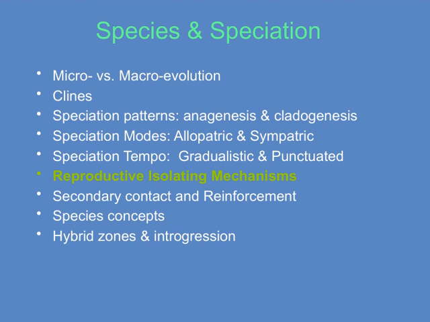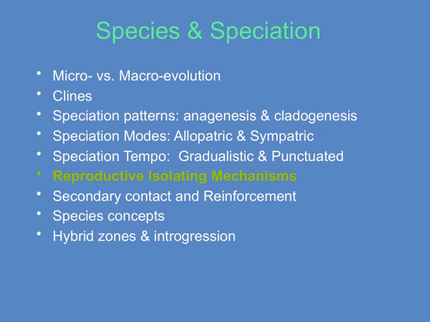When we talk about speciation patterns, two main types emerge: anagenesis, where a single species gradually transforms into a new one, and cladogenesis, where a lineage splits into two or more distinct species. Now, regarding modes of speciation, allopatric speciation occurs when populations are geographically separated, leading to divergence.